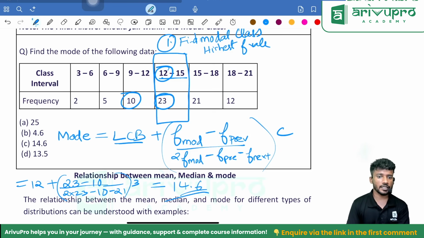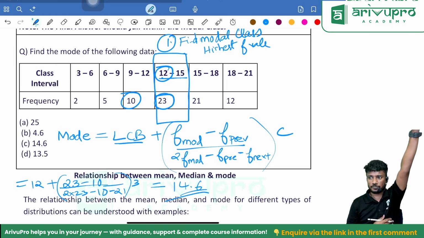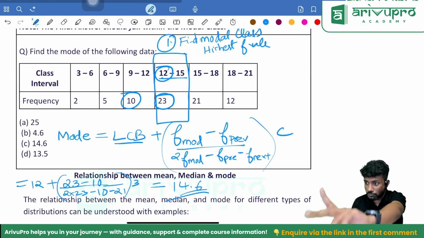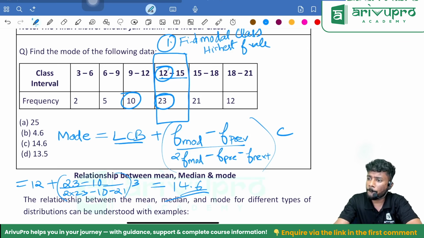Everyone got the answer? Anyone got a different answer? If you have any different answer, please raise your hand. If there are two modal classes with the same frequency, usually that won't be there. There is another method if such a case comes up, but that is not required for you.